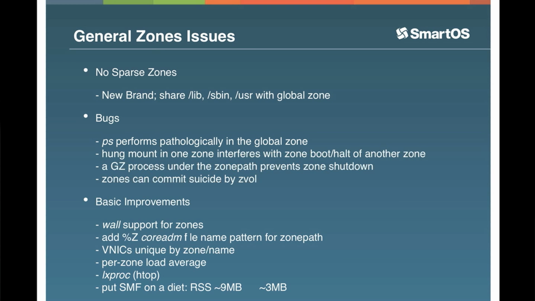We also capture core files outside of the zone, so that if there's a problem in the operating system, like service start core dumps, we can capture that and debug it as a general system thing. We don't care so much about the customer applications, but if one of the core system utilities core dumps, we want to know about it so we can figure out what happened and fix that. So we enhanced coreadm so that we can do that.